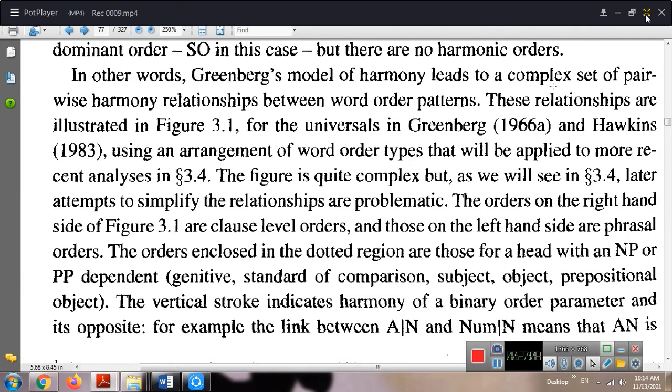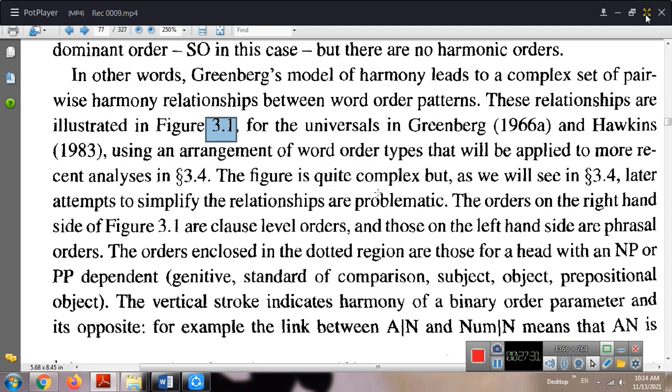Greenberg's model of harmony leads to a complex set of pairwise harmony relationships between word order patterns. These relationships are illustrated in figure 3.1 for the universals in Greenberg and Hawkins, using an arrangement of word order types that will be applied to more recent analysis in 3.4.